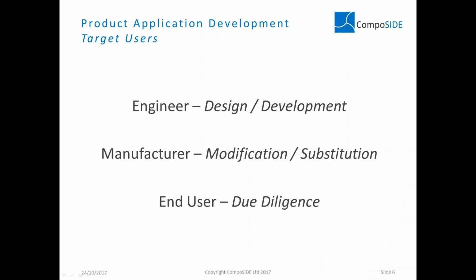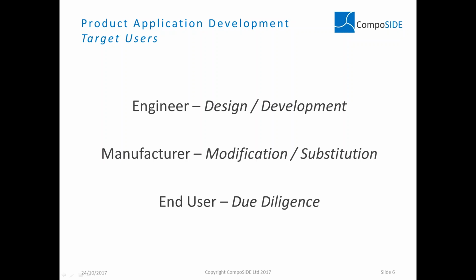CompoSIDE can be used in all stages of product development, from designer to manufacturer to end user, so that from the engineer's base point, you can design and develop your products within CompoSIDE. Your manufacturer, if you pass that design on, can then make modifications or material substitutions very quickly and easily within CompoSIDE.